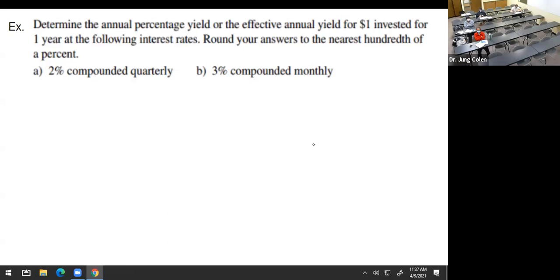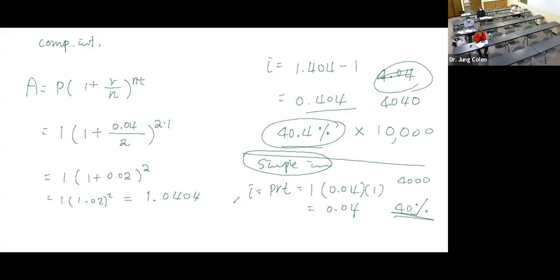You can round your answers to the nearest hundredth of a percent. What we are doing here is finding the interest, not the total amount A. For example, I will do the first one with you, and then we're going to do the next ones.